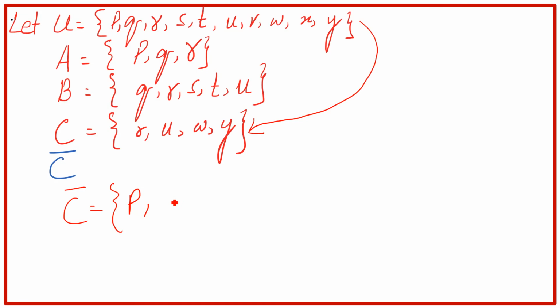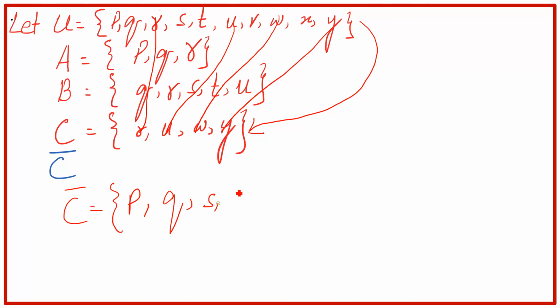And then Q. Okay, this R is here in C, so we will not consider it. Similarly, U, W, and Y we will not take. So what is remaining? P, Q, S, T, V, and X. These are the C complement.